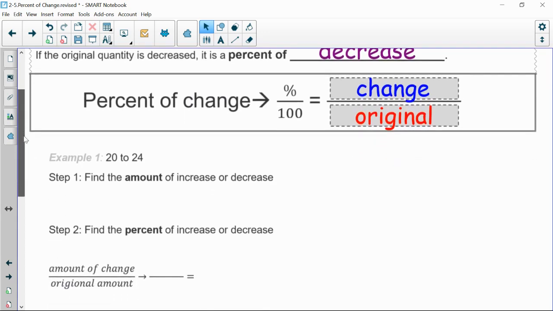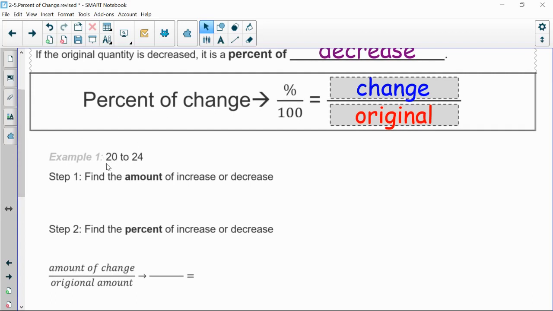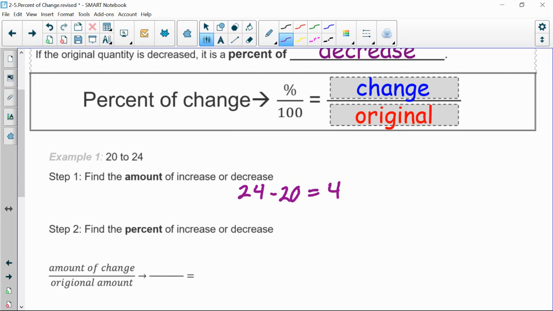So here we're given the problem 20 to 24. We need to find the amount of increase or decrease. What did we change from when we went from 20 to 24? Remember, whenever you take a difference, you take the larger number minus the smaller, and we get a change of 4.